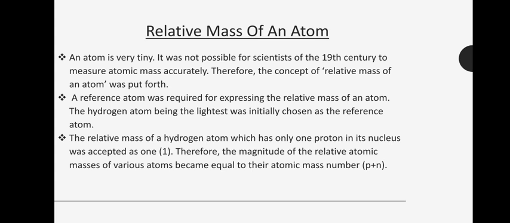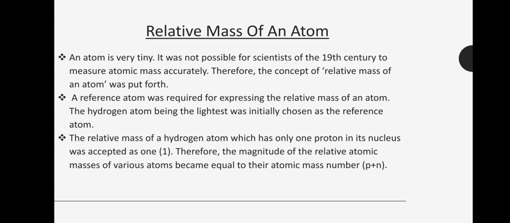So, there was a reference atom which was required for expressing the relative mass of an atom, okay? So, the hydrogen atom was being used as it was the lightest atom known. So it was initially chosen as the reference atom. Whatever it was, we were comparing the mass of other atoms to that of hydrogen.